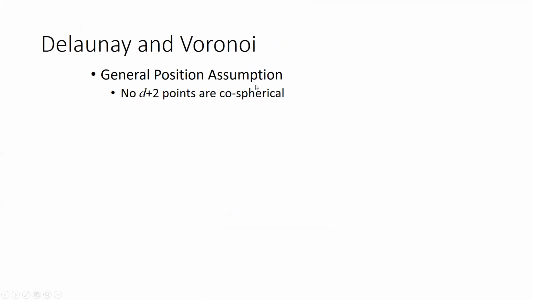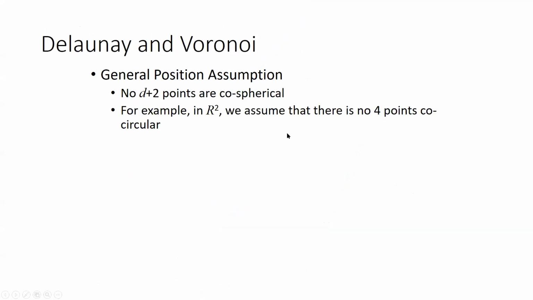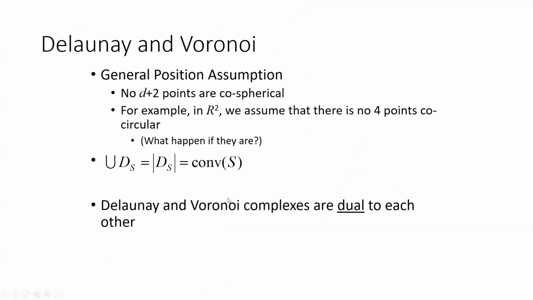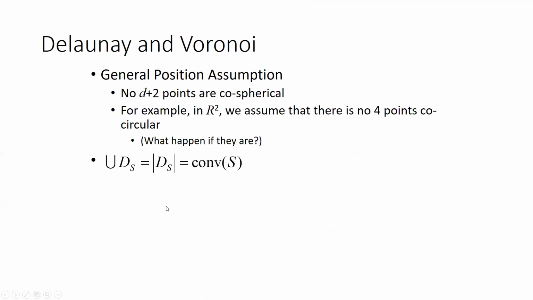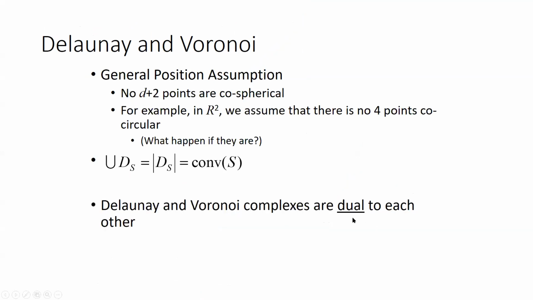If we assume general position, the Delaunay triangulation is the convex sum of all the points, and the Delaunay triangulation should be a simplicial complex. And this Delaunay triangulation and Voronoi complex are actually dual to each other.